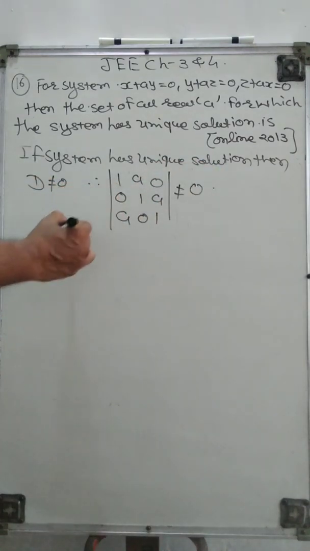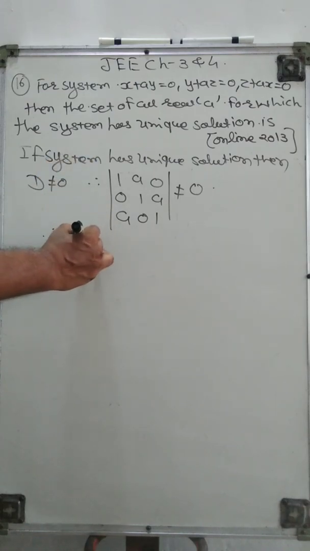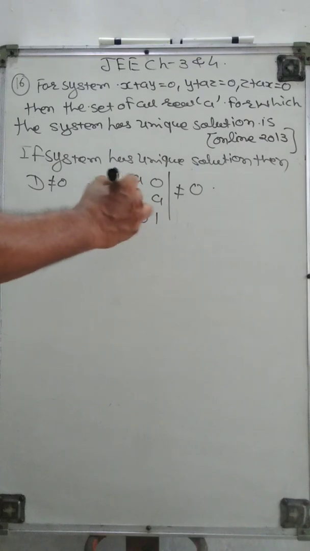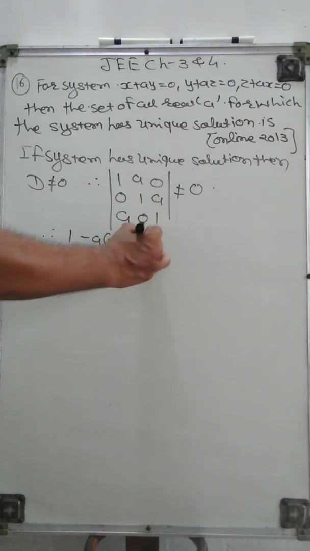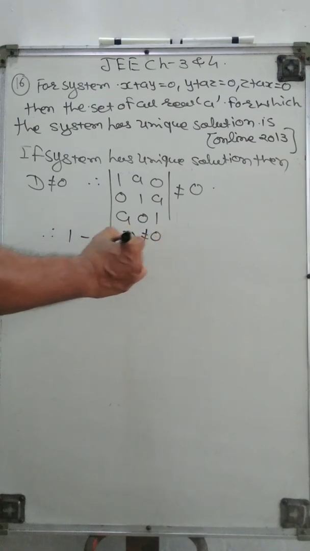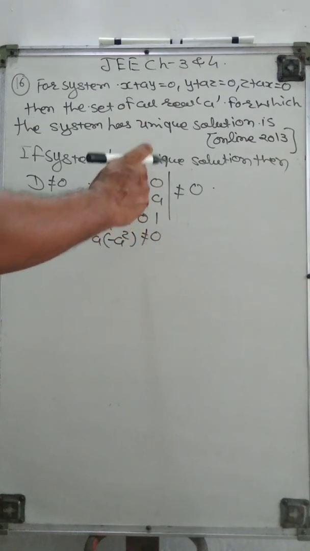Now we find the value of a. 1 minus a, then minus a square is not equal to 0. Just a minute.